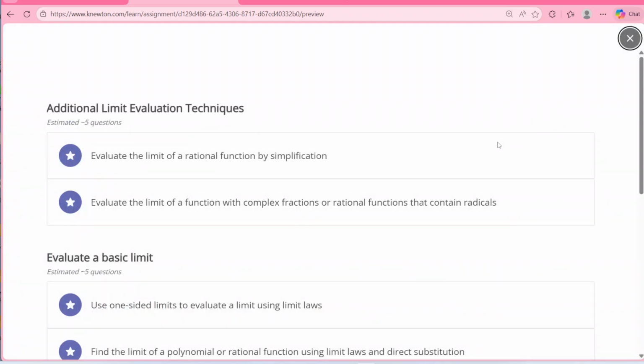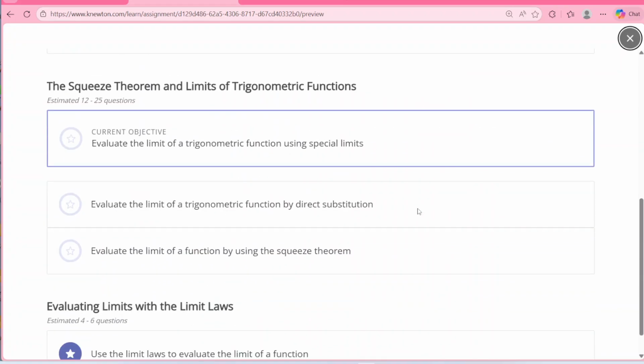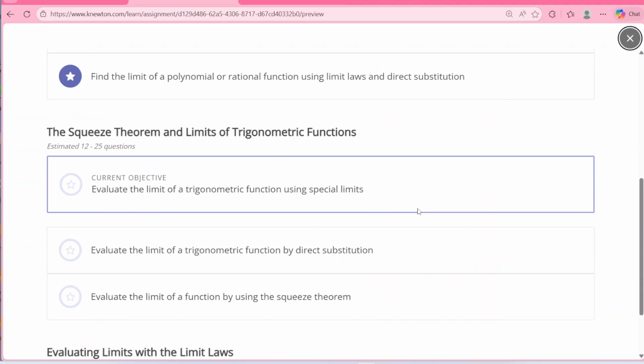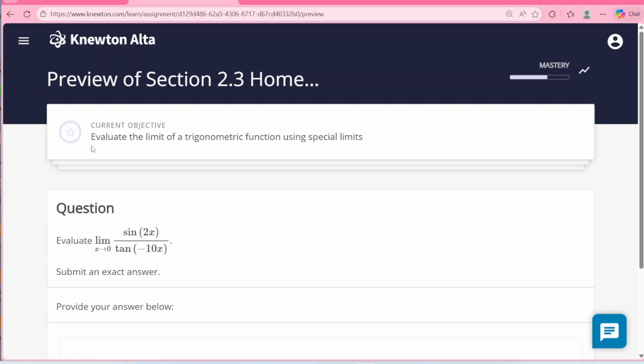All right, now we're in this area with the Squeeze Theorem and limits of trig functions. So evaluate the limit of a trigonometric function using special limits. So here are the special limits they're talking about involving some trig functions.